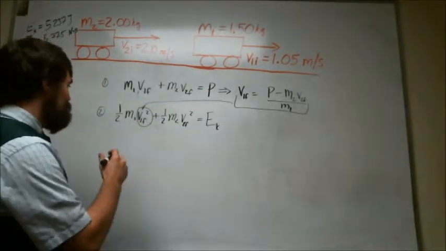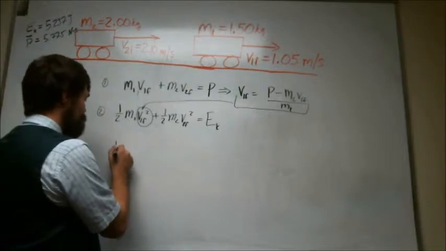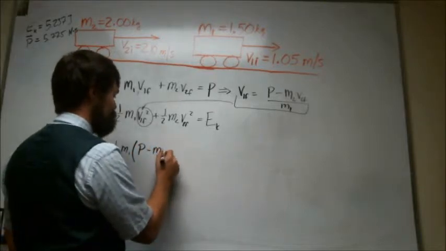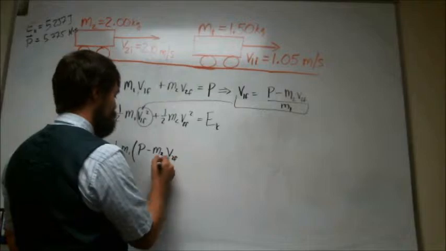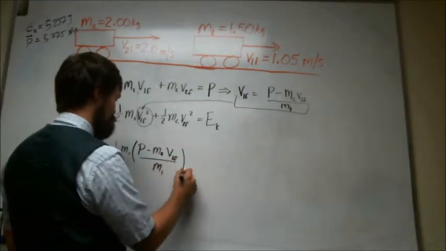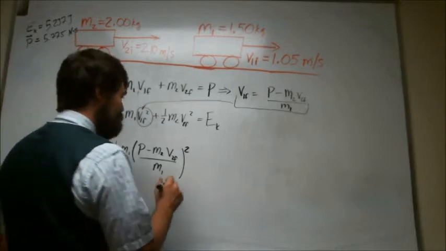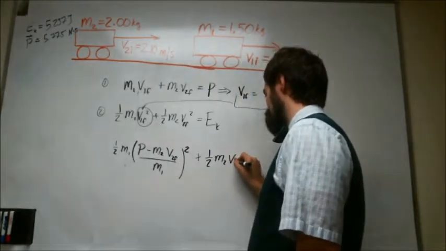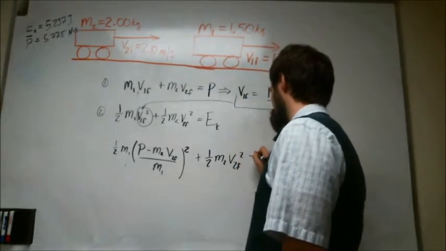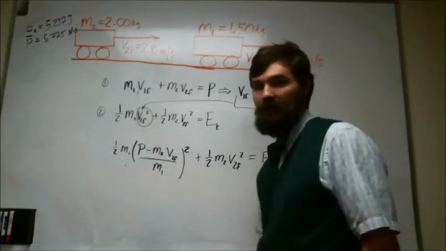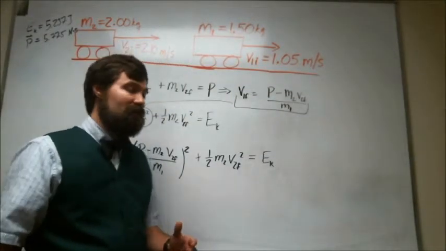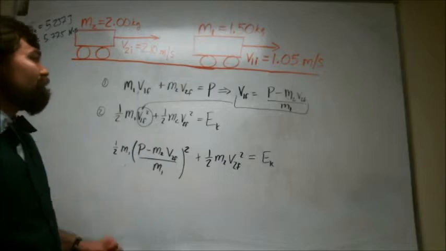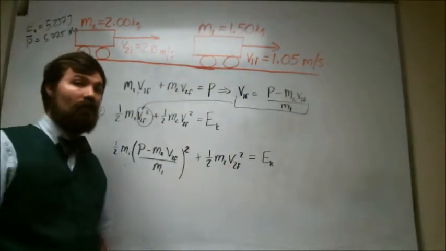So that means that I now have 1/2 M1 times (P minus M2 V2F) over M1, squared, plus 1/2 M2 V2F squared is equal to EK. So I ultimately am wanting to solve, I guess now, for the final speed of cart number 2 first, and then from that I can get the final speed of cart number 1.